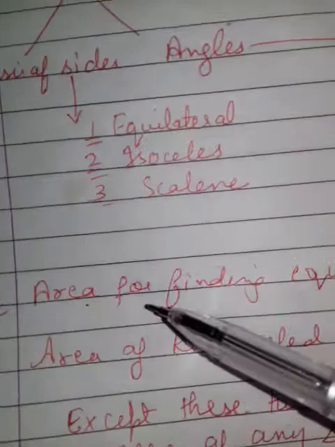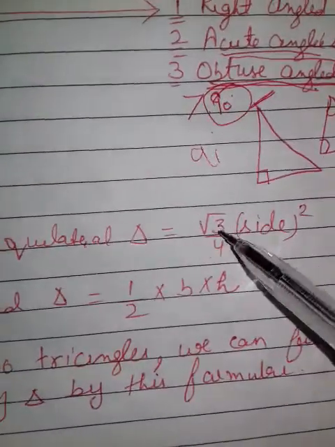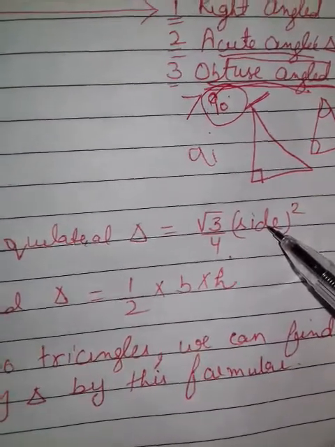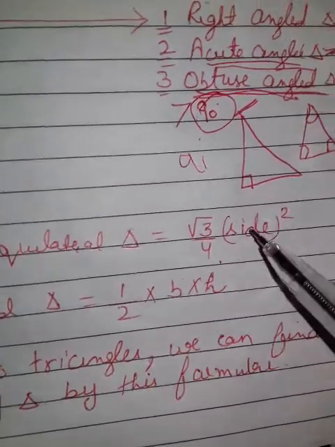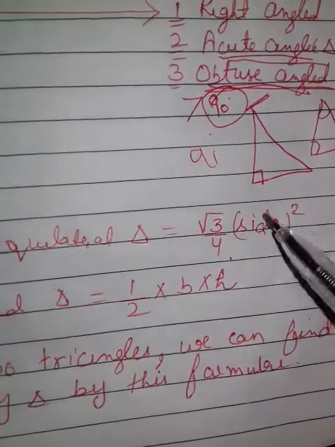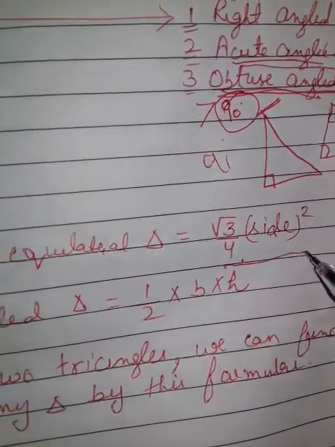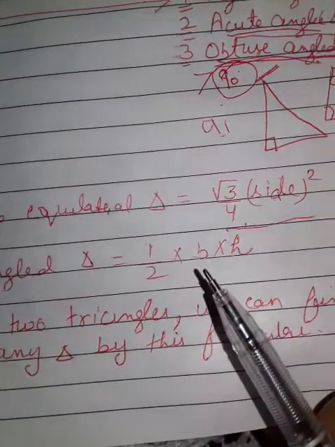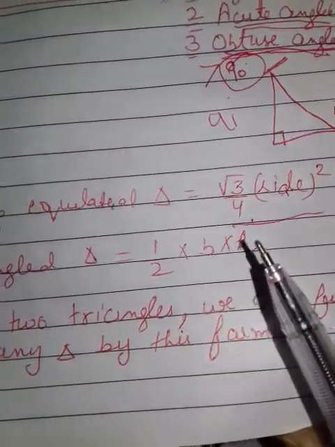Now area. The area of an equilateral triangle is root 3 by 4 side square, directly. If an equilateral triangle is given, put the side and find the area. When you have to find the area of a right angle triangle, the formula is half into base into height.